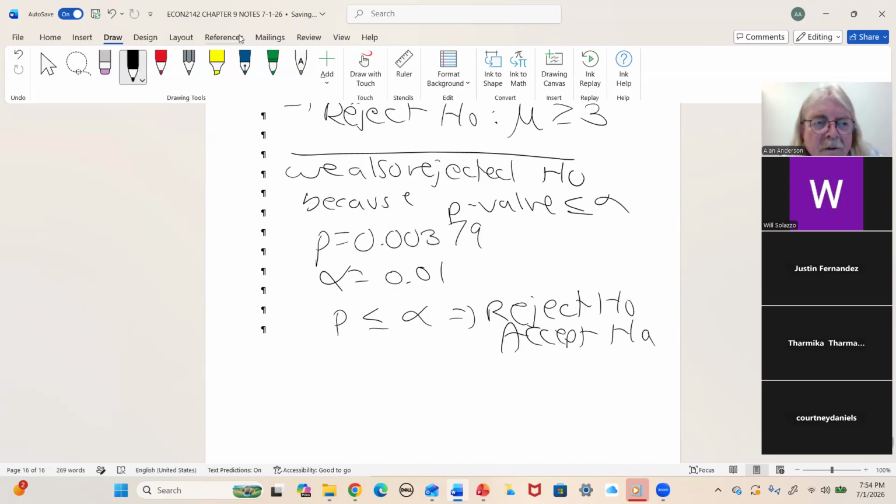So if you notice, both methods agreed with each other. They both rejected the null hypothesis.